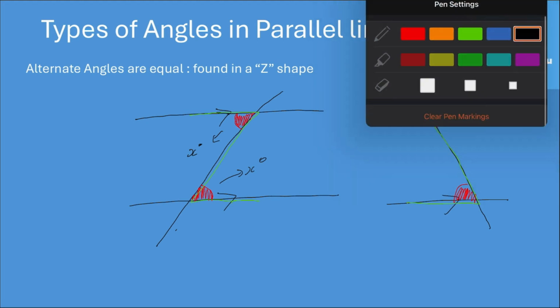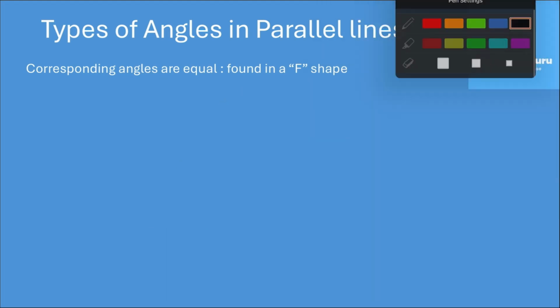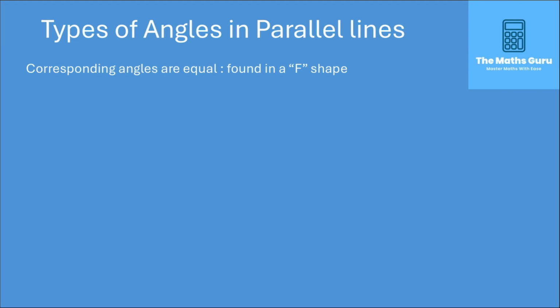Okay, moving on to the next type of angle, we have corresponding angles. So we have two parallel lines once again, like so. Then we have our straight line going like this.